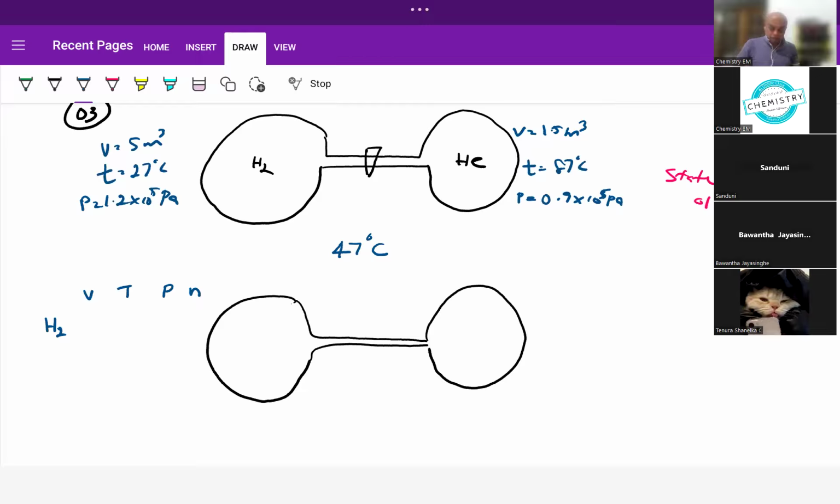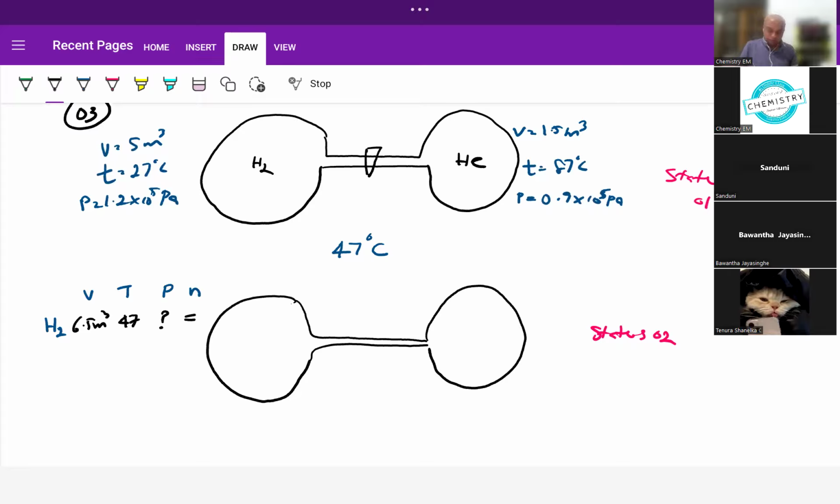In status 2, the volume is the total volume, because it is taking the total volume after opening the tap. So this will be 6.5 cubic meters. Temperature is 47. Pressure we need to find, we don't know. Number of moles will be the same, because it is not going out, right?